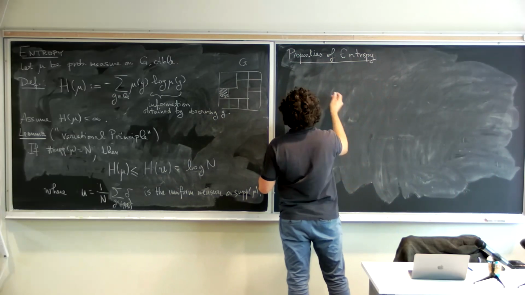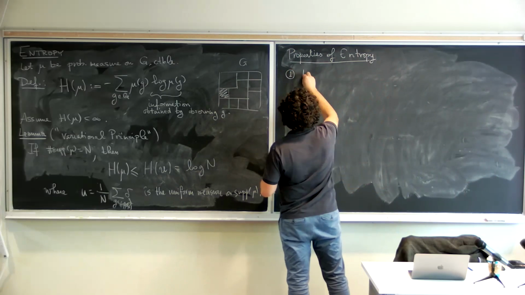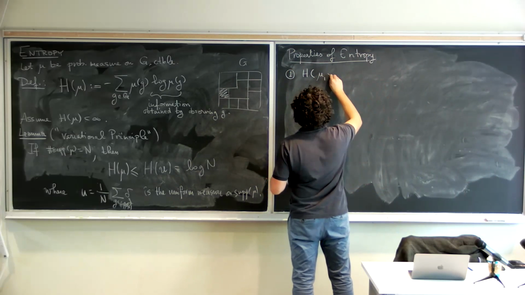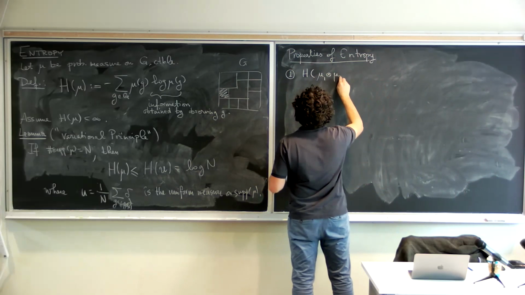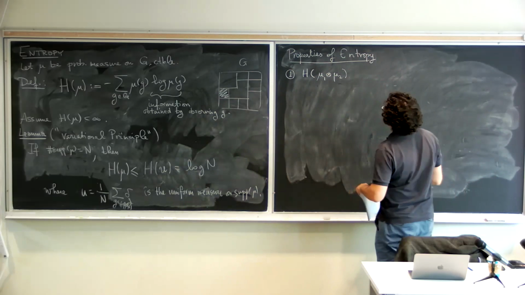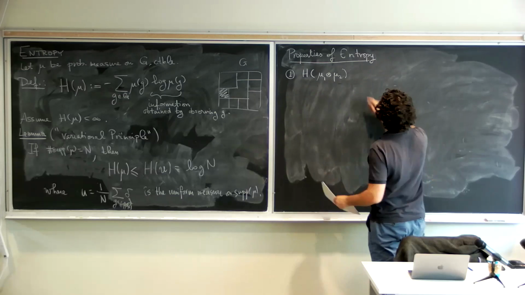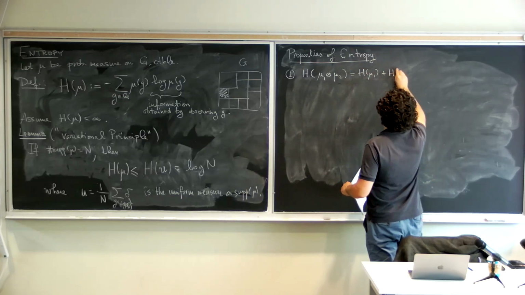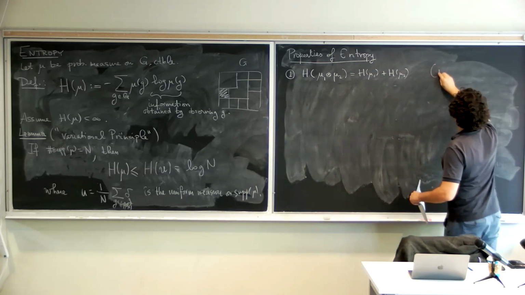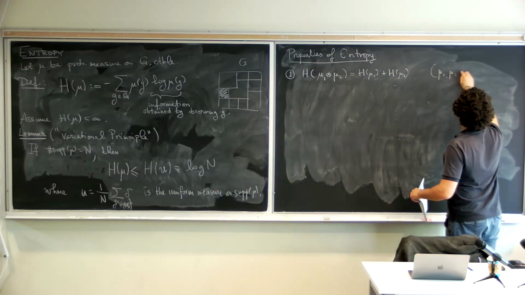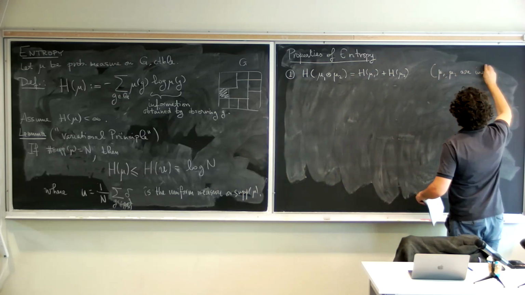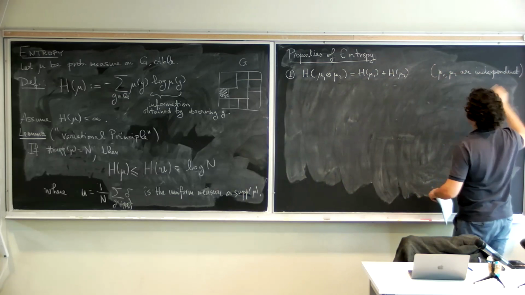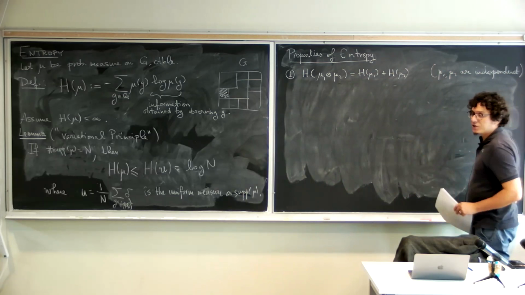Well, first of all, if you take mu1 and mu2 and take the tensor product of mu1 and mu2, so these are two independent measures, then the entropy of the product is the entropy of mu1 plus the entropy of mu2. So here mu1 and mu2 are independent, on the product space.